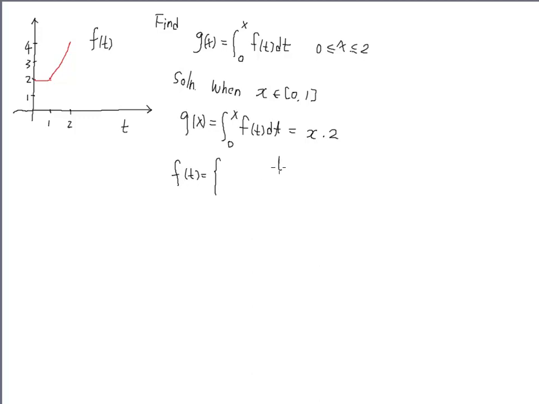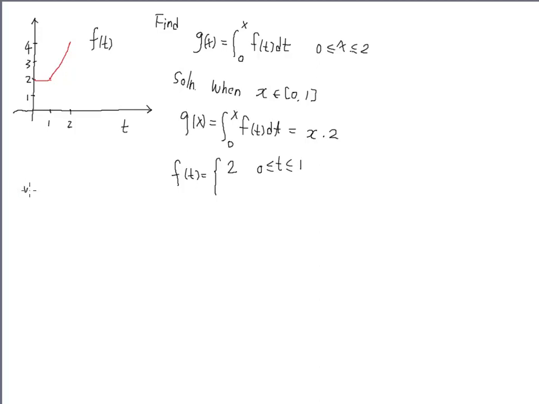So if t is between 0 and 1, we have the function exactly constant 2. Now, how can we find the equation over here? This is supposed to be a straight line. We know the slope is 2, and it passes through the point where x is 1 and y is 2. So we know the equation for this straight line is the following.